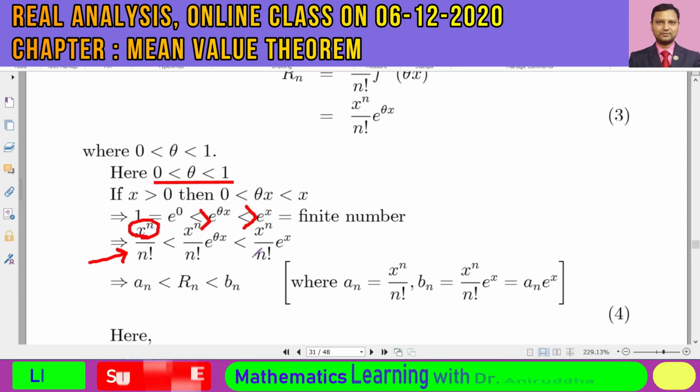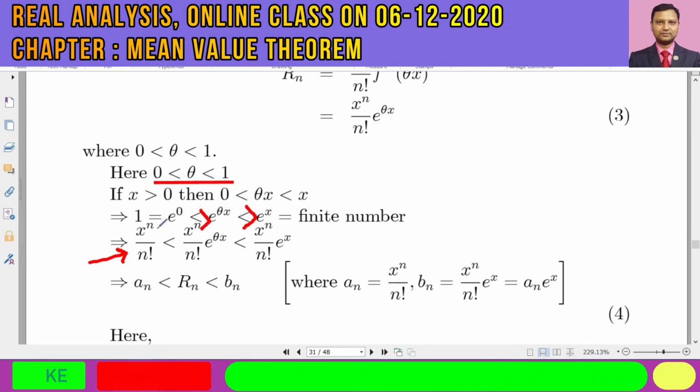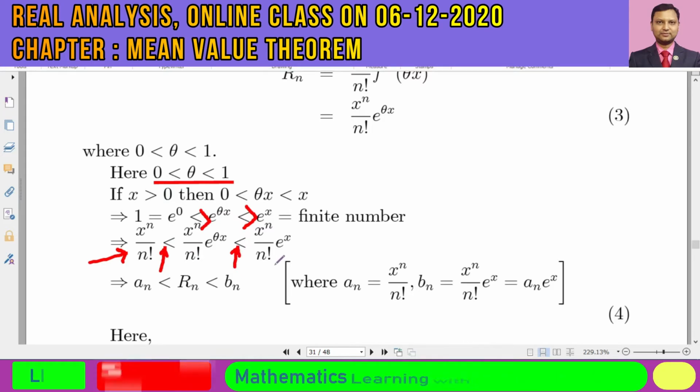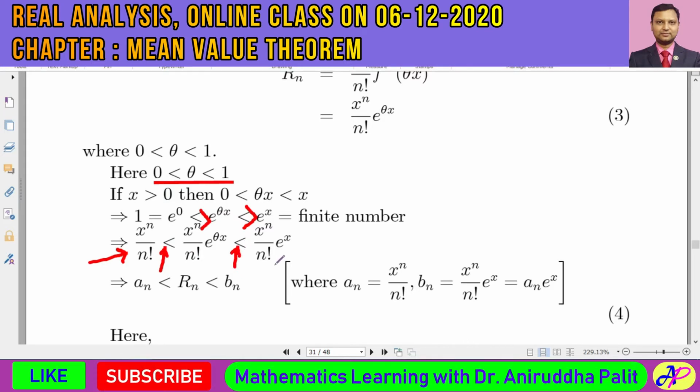Then multiplying this greater than inequality by this negative number x to the power of n by factorial of n leads again to a less than inequality. So the greater than inequality will ultimately be converted into a less than inequality.